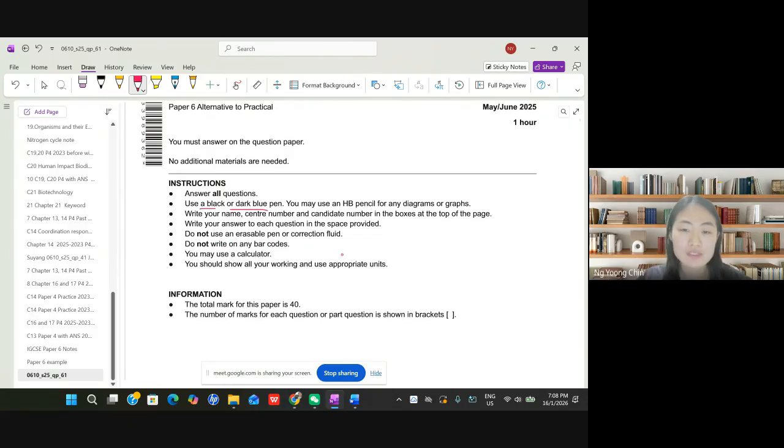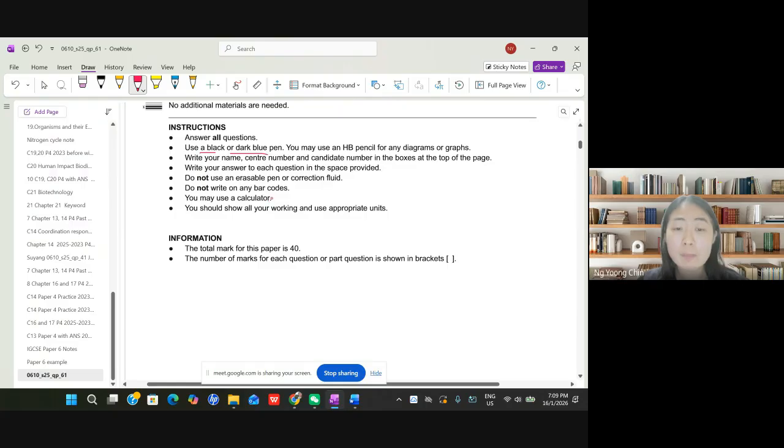This means correction tape. Whenever you write the wrong answer, you will always want to use correction tape to delete it, but that is not encouraged. If you write the wrong answer, cross it out and then write the new answer.